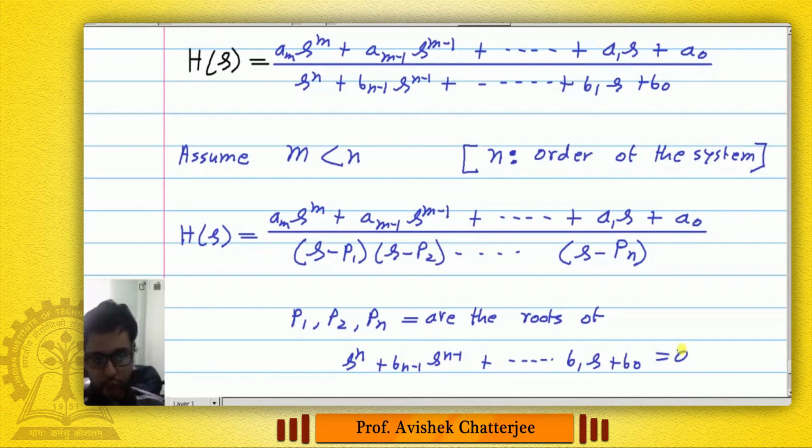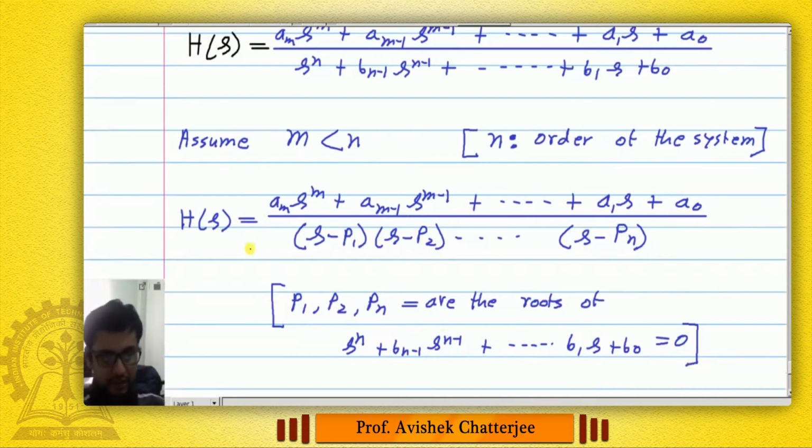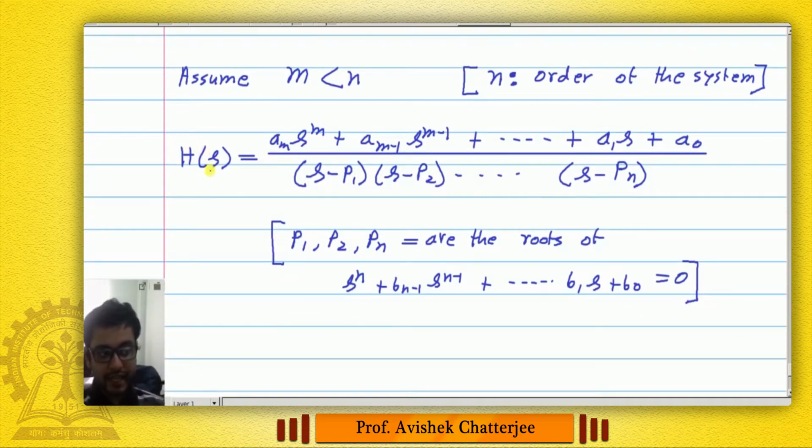If you set this equal to 0 and find the roots of this equation, that means the values of s for which this equation is satisfied, those values are p1, p2, ..., pn. Since this is an nth order polynomial, you will get n roots. They may be different, or some of the roots can be repeated. So you can always write this transfer function in this way.